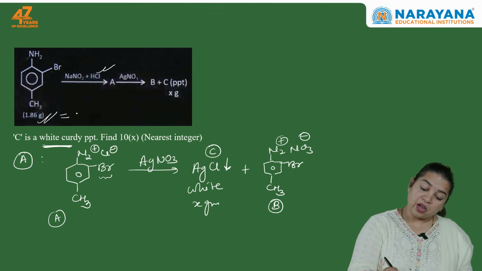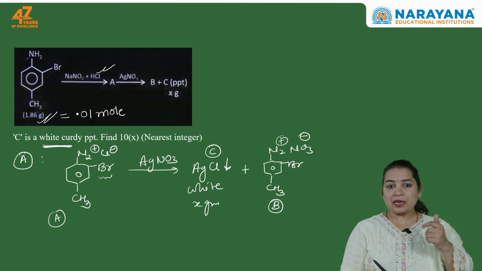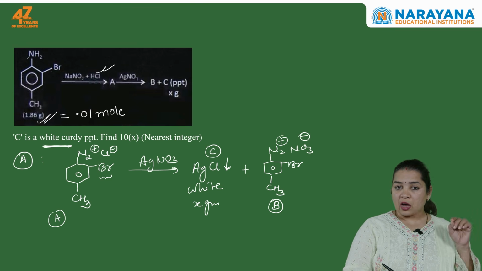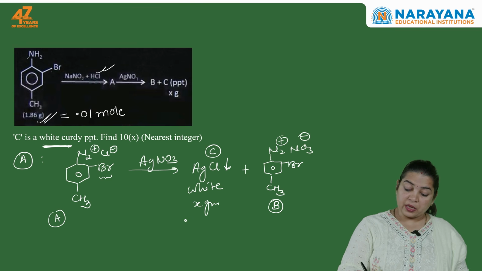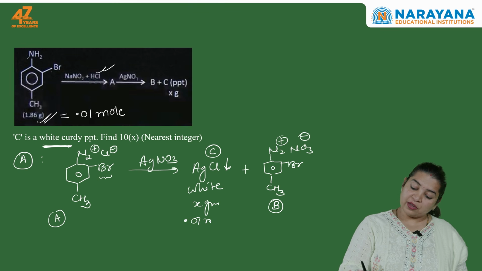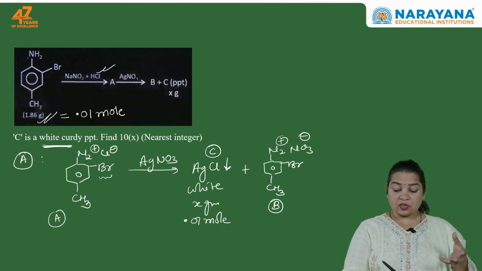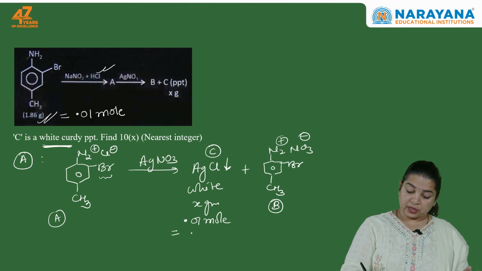If we solve, how many molecules of this is there? 0.01 mole of this initial compound is there. By balancing, you can see if this was 0.01 mole of initial compound, then C obtained should be 0.01 mole of molecule again.